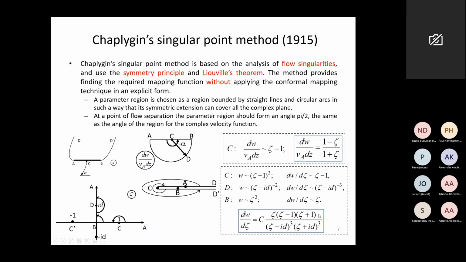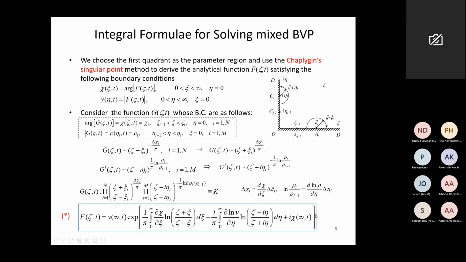So according to the symmetry principle, we need to put singularities of the same order in the symmetric point. That's all. We found the complex velocity and the derivative of the complex potential without the conformal mapping technique in explicit form. This is a great help for solving the free surface problem.